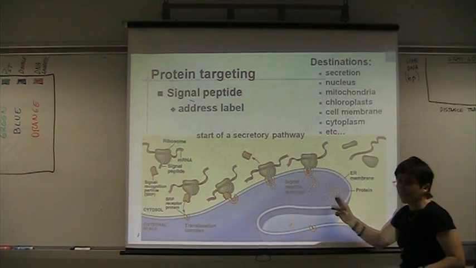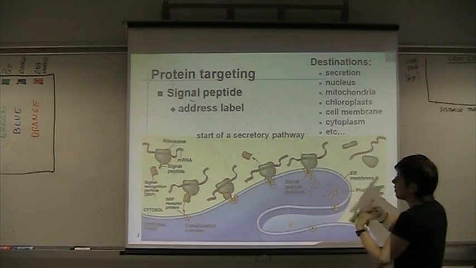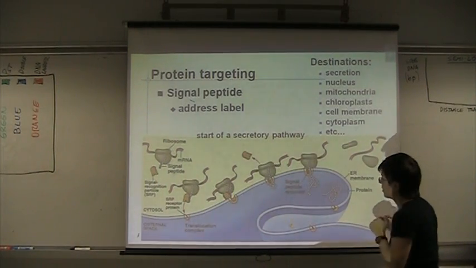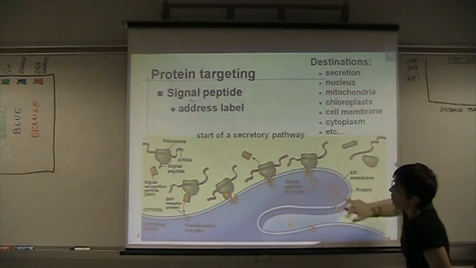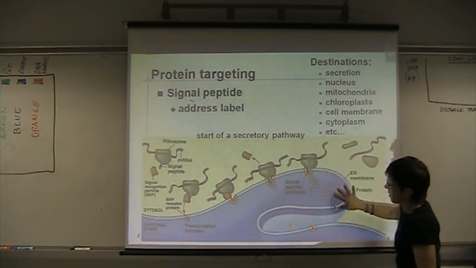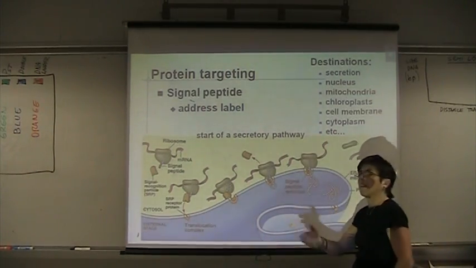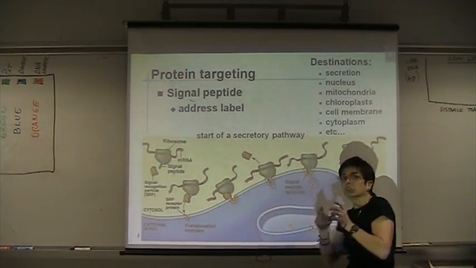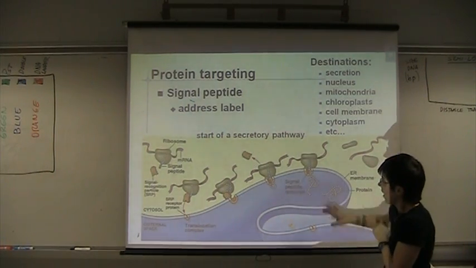Sometimes it's even cut in half and becomes two different proteins. That's actually what happens to insulin. It's cut in half and becomes two that attach. So all the modifications are going to happen here, and then from here they're going to go to the Golgi, and then using vesicles, move somewhere else to do whatever they need to do.